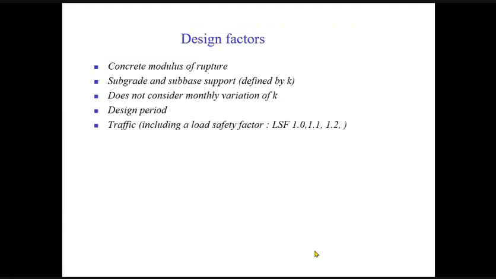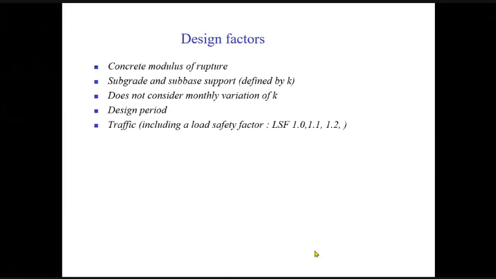Now, what are the design factors? The design inputs start with the modulus of rupture of concrete, subgrade and subbase support defined by small k. However, unlike H2, it does not consider monthly variation.